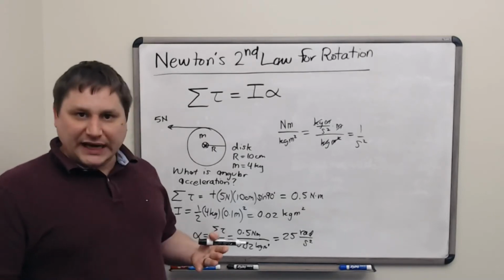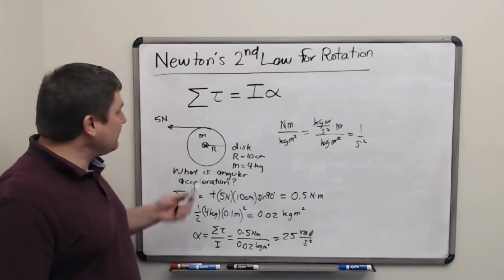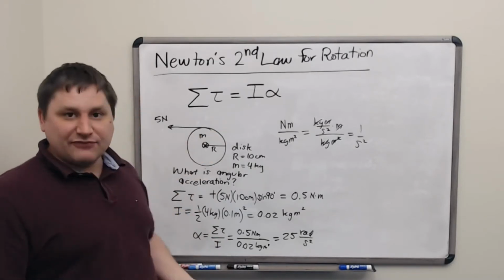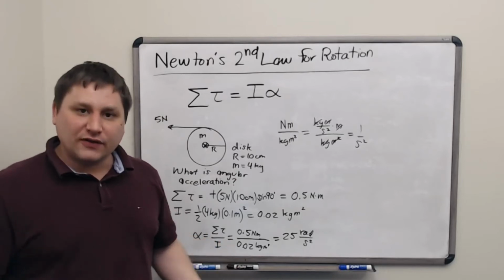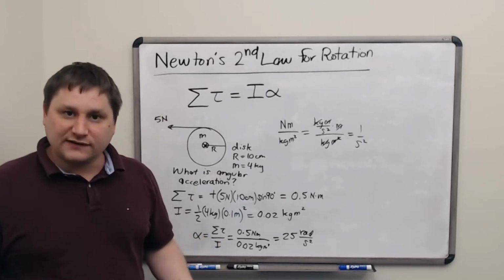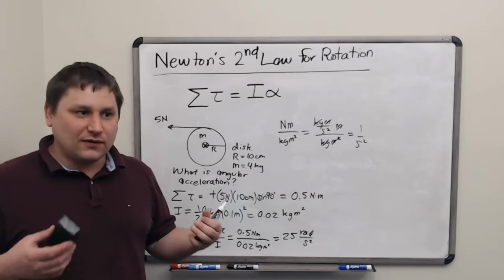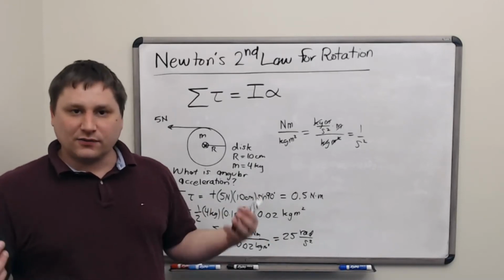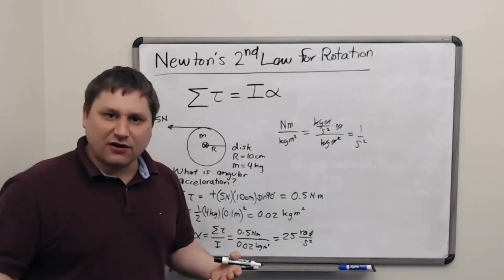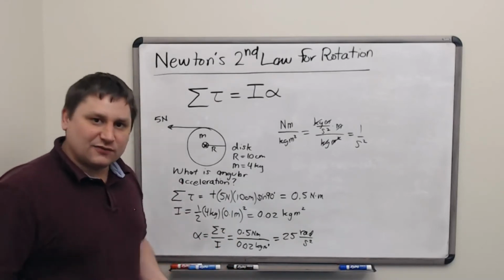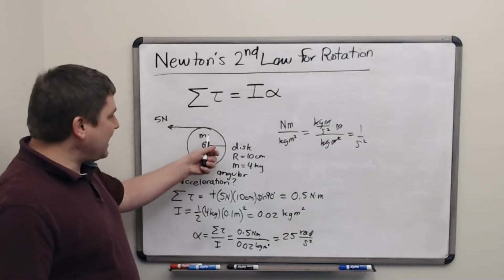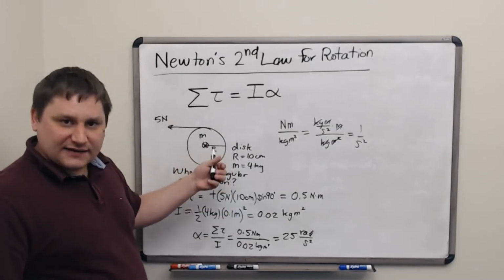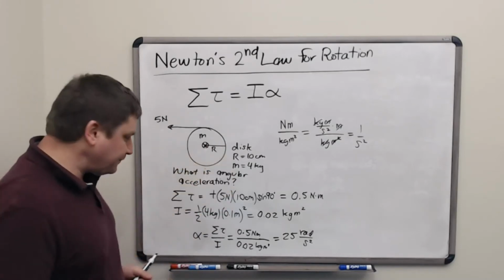So when we approach these rotating object problems, we're going to have to recall all of the things that we learned about forces: what the forces are, what the rules for tension are, what the rules for normal force are, what the rules for springs are. And then in addition, we're going to have to think about where on the object they are applied, and whether they will cause any torque.